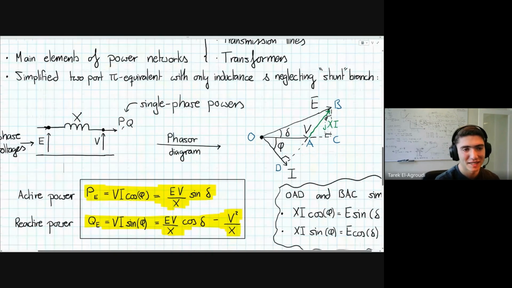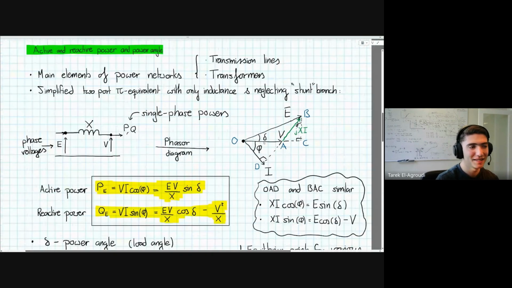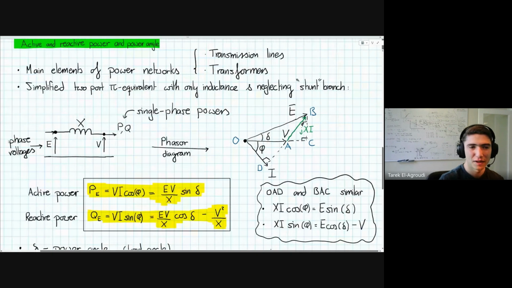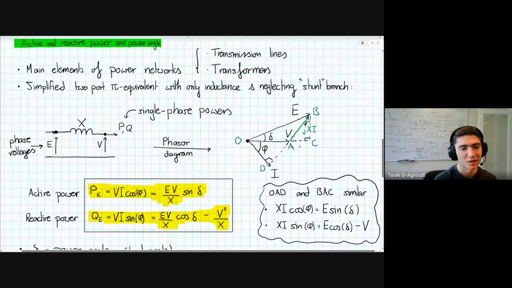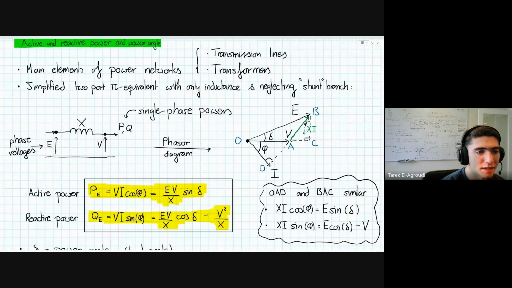So if we consider this diagram here, which may look a bit complicated initially, but it's actually fairly simple. This is a so-called phasor diagram. So what you have is the voltage on one side and the voltage on the other side, and you can see that these are at an angle to each other.